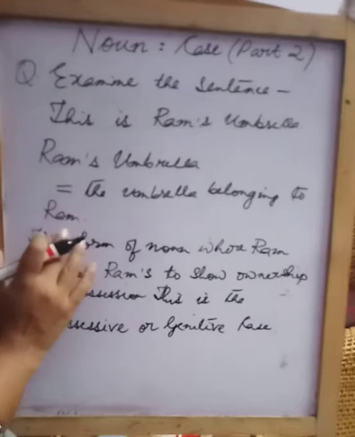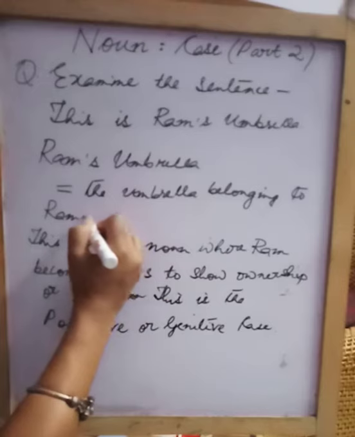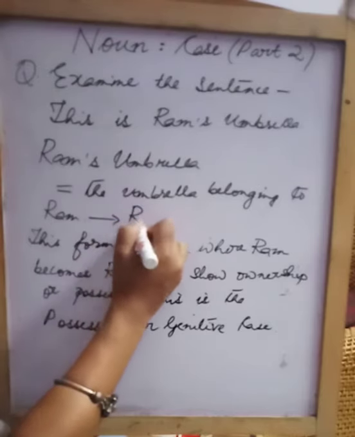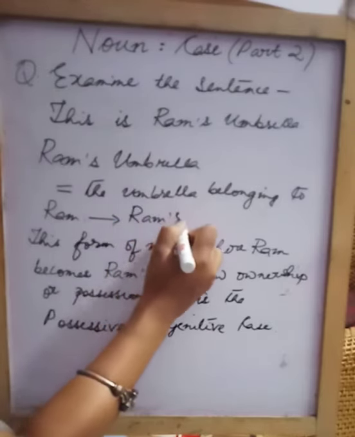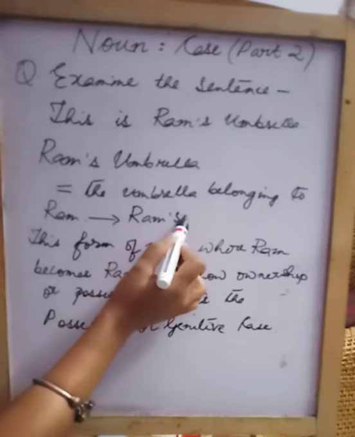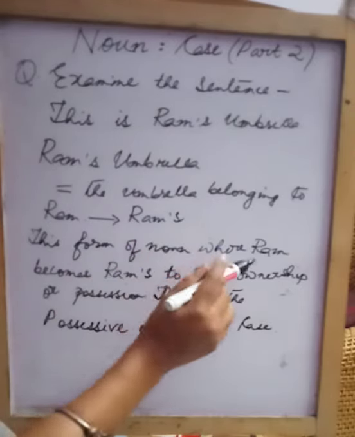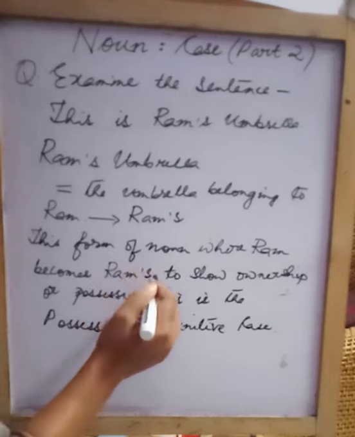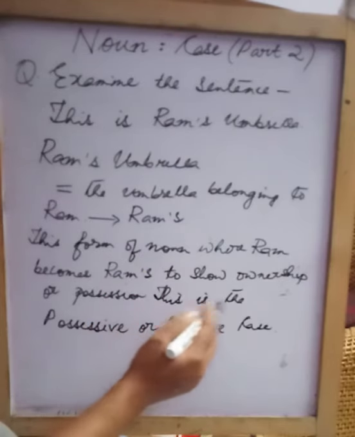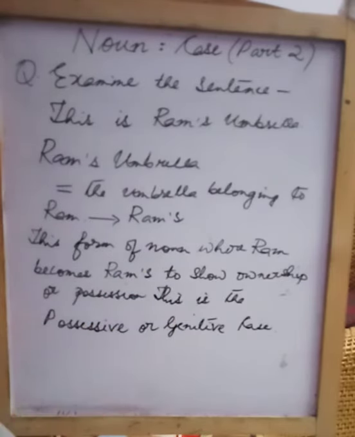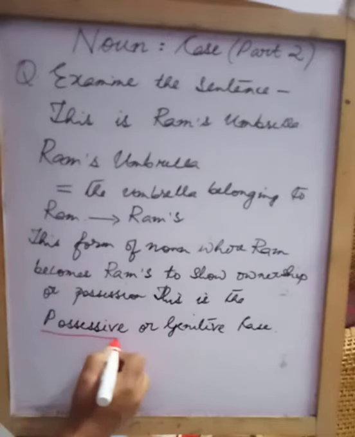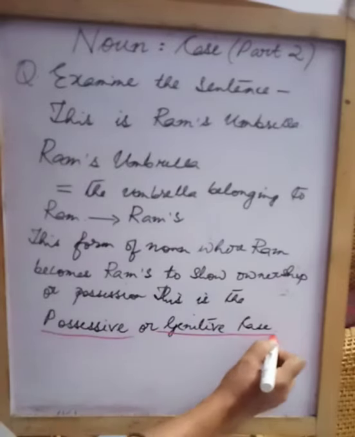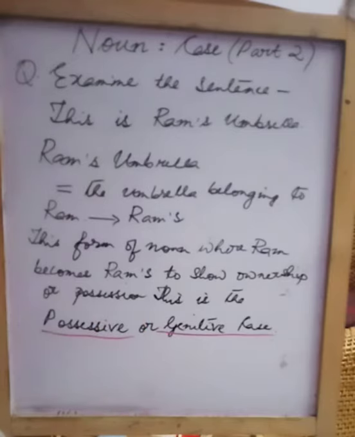The noun Ram becomes Ram's. To show possession, we add an apostrophe s, isn't it? So this form of noun where Ram becomes Ram's to show ownership or possession is the possessive or genitive case. Please remember the earlier ones were nominative case and objective case. So this is possessive or genitive case. Alright, so let's proceed.